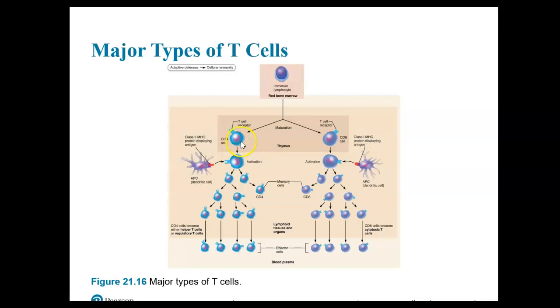So make sure you understand that a CD4 cell is activated by a Class 2 MHC protein on an antigen presenting cell. A dendritic cell is just a type of macrophage that's found in connective tissues. So, I mean, it's just like a white blood cell. It's a phagocyte, is what it is.